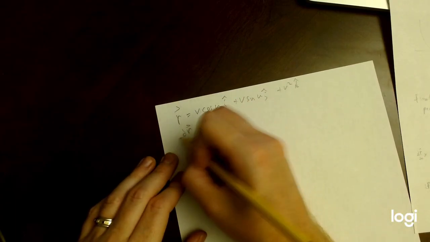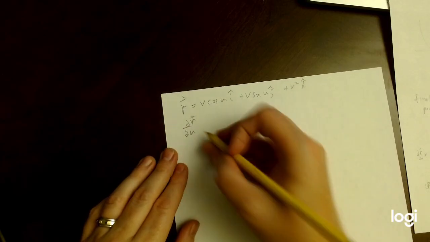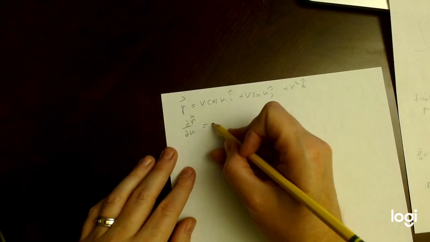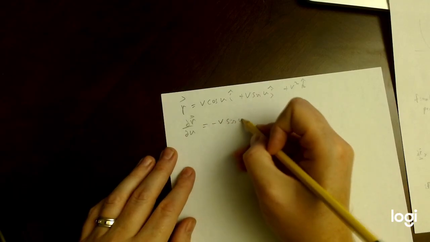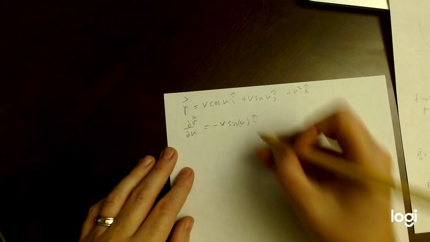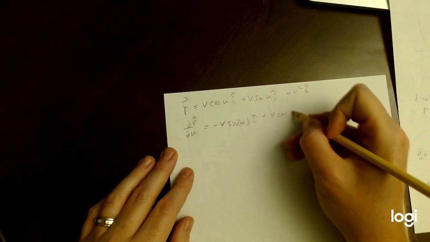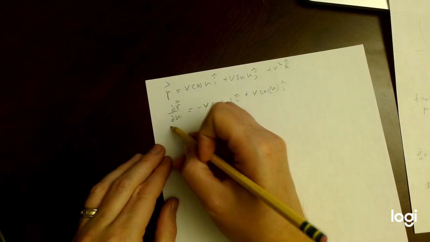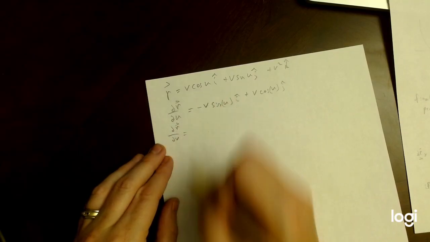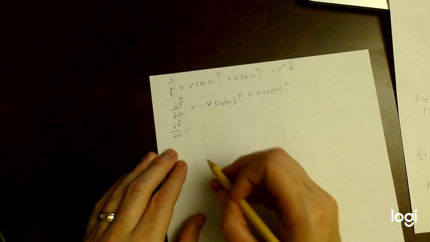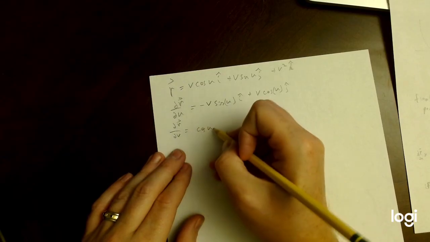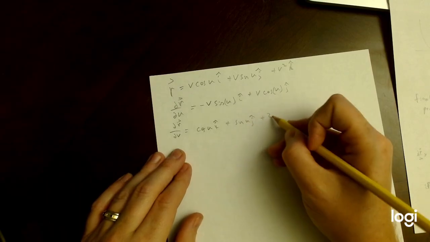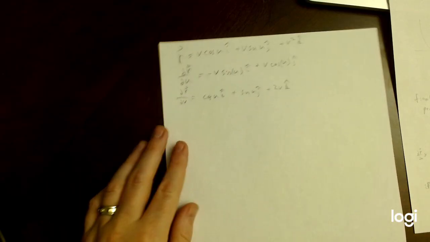And my dr du, which we need to calculate, remember, is just going to be taking the derivative with respect to u of this, which will be minus v sine u i hat plus v cosine u j hat. So that's my vector dr du. And dr dv, we just take the partial derivative of this with respect to v, will be cosine u i hat plus sine u j hat plus 2v k hat.